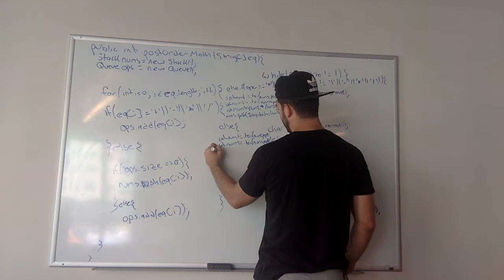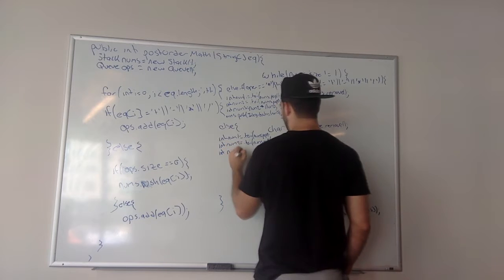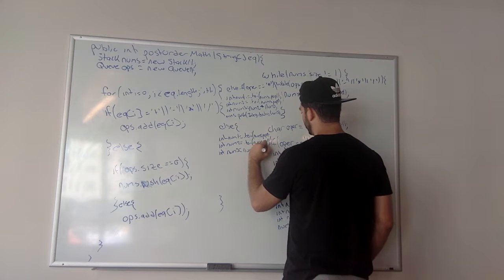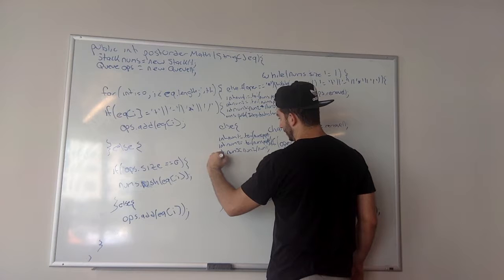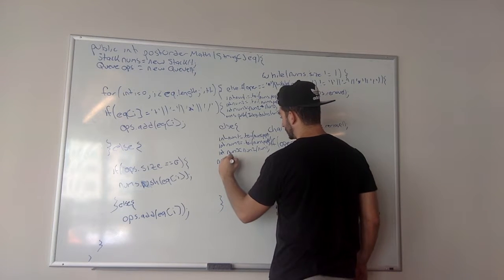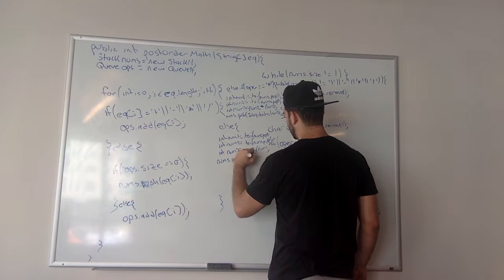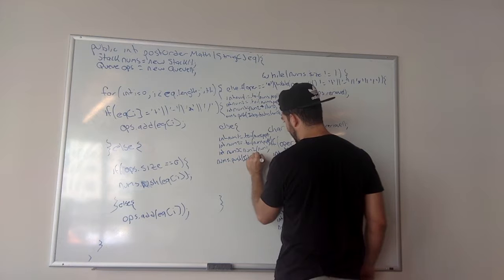And then we're going to create num3 one more time to get the result, which is just going to be num2 divided by num1. And then we're going to push num3 onto the stack, just like I've done the last 3 times.